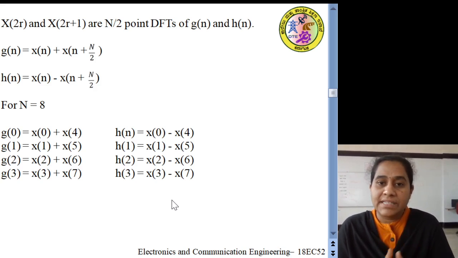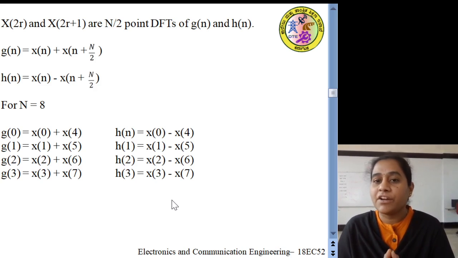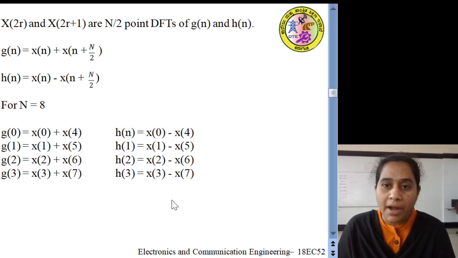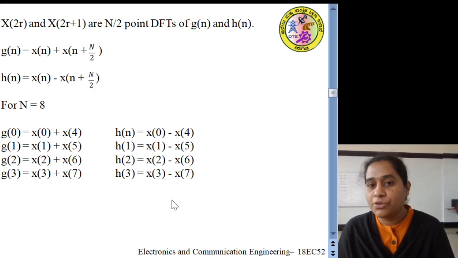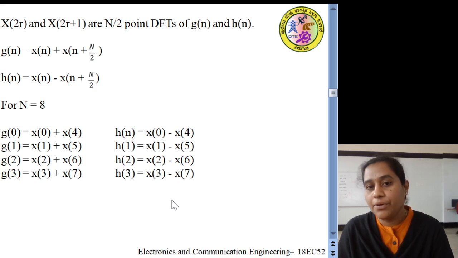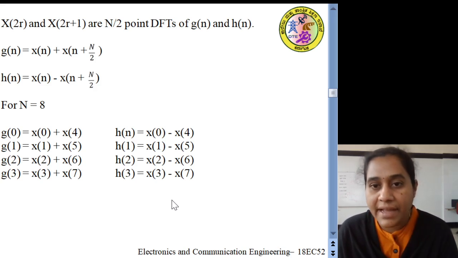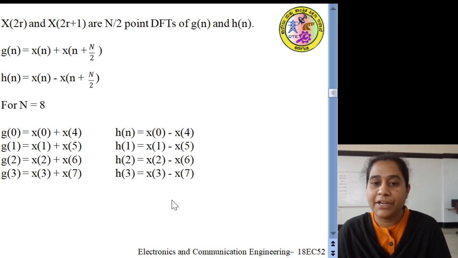So from this discussion, we can say our X of 2r and X of 2r plus 1 are N by 2 point DFTs of g of n and h of n. Also, our g of n is equal to x of n plus x of n plus N by 2, and h of n is x of n minus x of n plus N by 2.